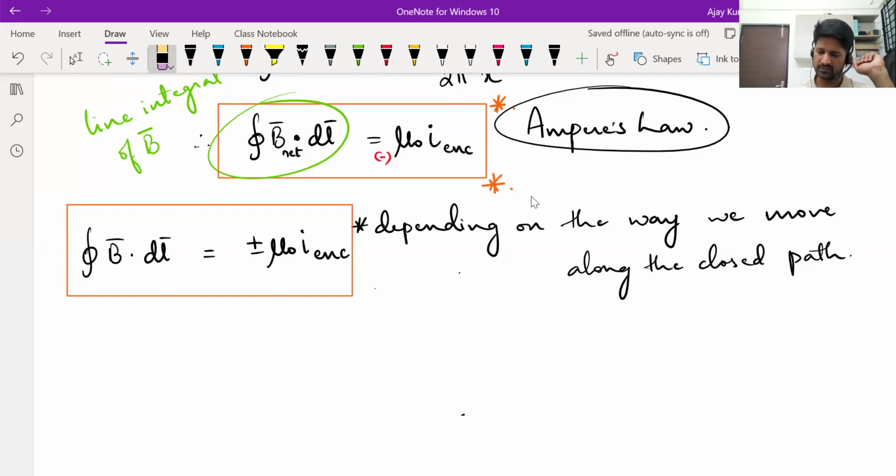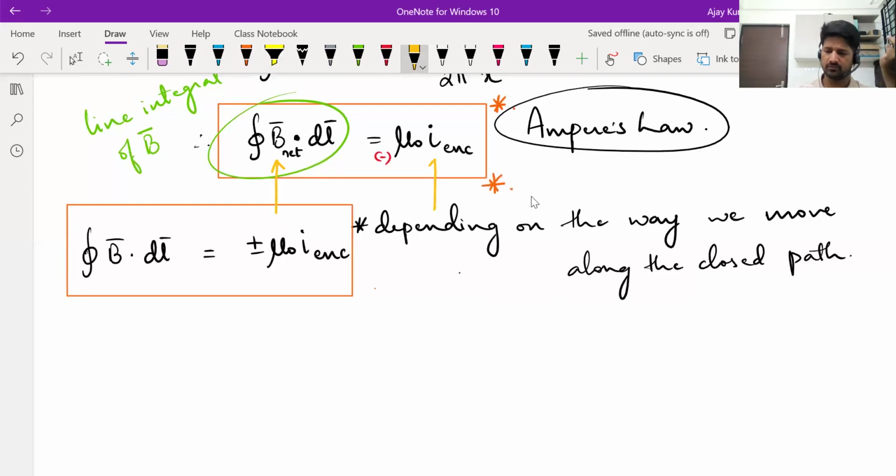Now in magnetism, as I said, that term closed integral B dot dl doesn't have any significant meaning as far as your syllabus is concerned. So the only effective use we will have of Ampere's law is in some cases to derive the magnetic field. And in case you know this integral, you can tell how much current is enclosed.